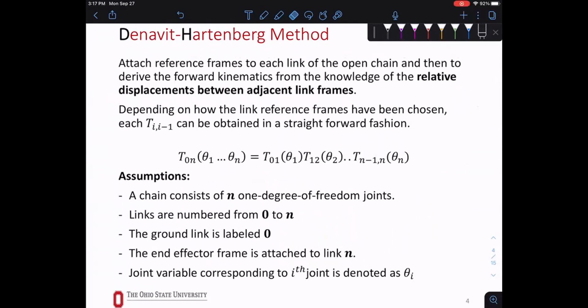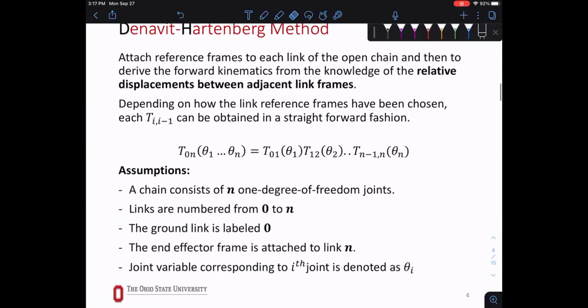Now, to find the transformation between frames, T0 to N, 0 being your base, N being your end effector, you have to calculate T0 to 1, 1 to 2, 2 to 3, and then multiply all of them, right? There are a couple of assumptions. One, a chain consists of N 1-degree-of-freedom joints.